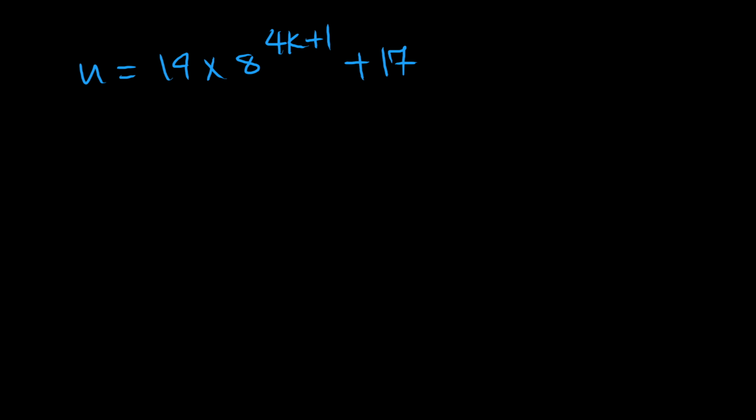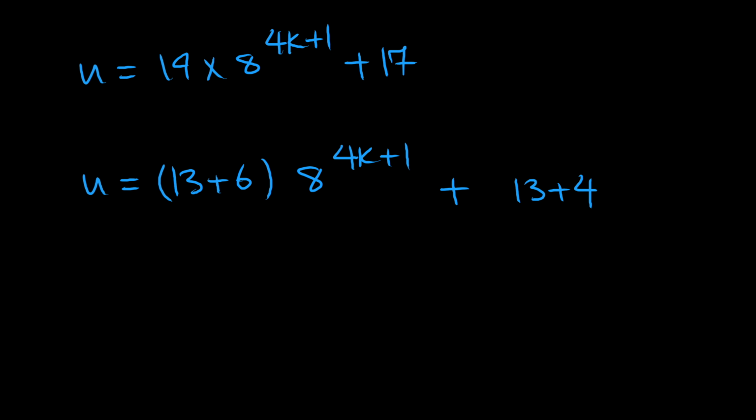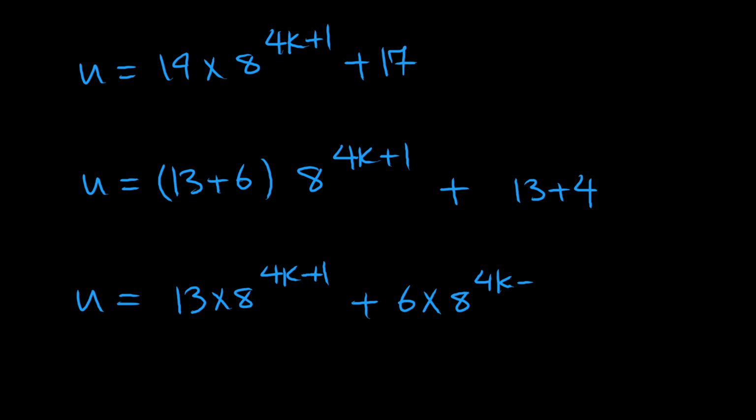So we're going to have u equals (13 plus 6) times 8 to the power of 4k plus 1. And let's break 17 into 13 plus 4. So we're going to have u equals 13 times 8 to the power of 4k plus 1 plus 6 times 8 to the power of 4k plus 1 plus 13 plus 4.